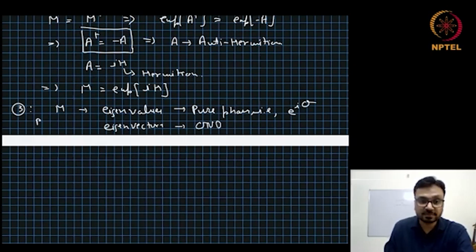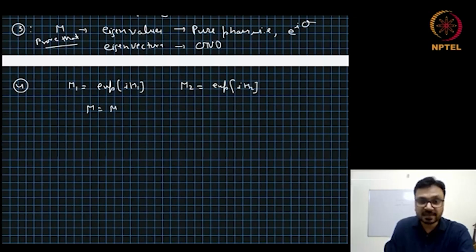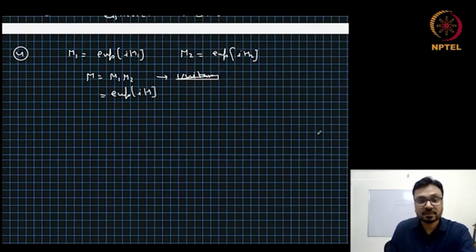You have to prove this thing. And the fourth assignment problem can be, let us say we have M1, which is exponential of iH1, and M2, which is exponential of iH2, then M, which is M1 M2. You can see that if M1 and M2 both are unitary, then M, the product of M1 and M2, will also be unitary. And this can also be written as exponential of iH. Find H.